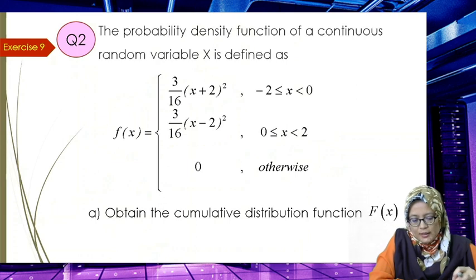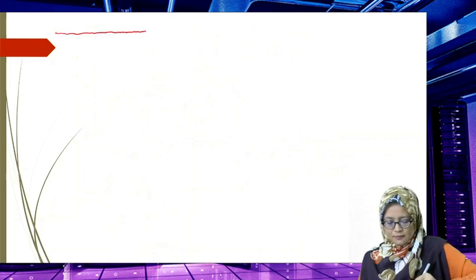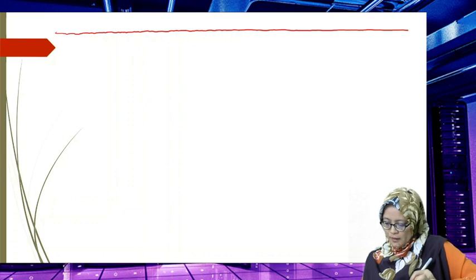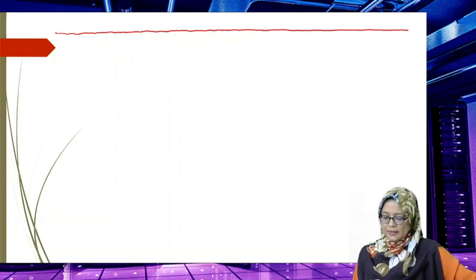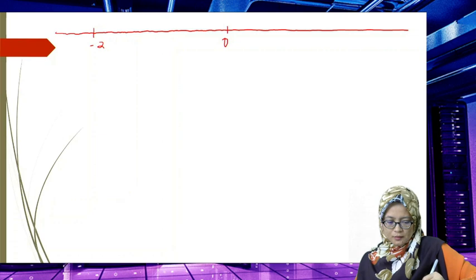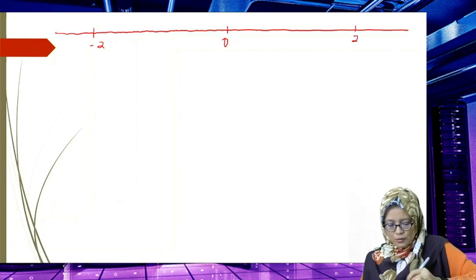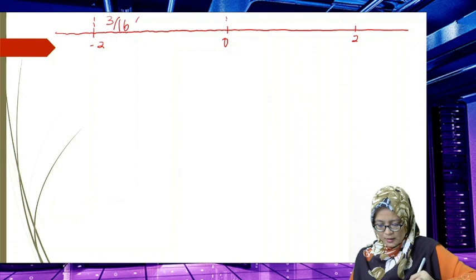Okay, so same as before, we will create our intervals. Okay, we have the values negative 2, 0, 2. So for negative 2 to 0, the function is 3 over 16 (x plus 2) square.